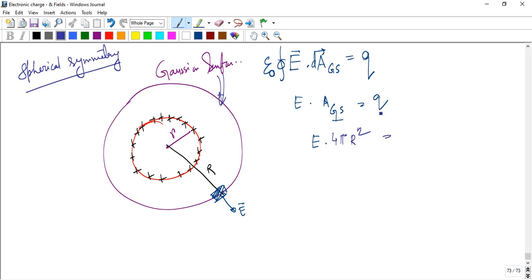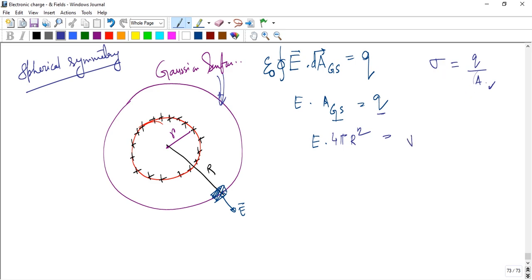And the charge enclosed: the surface charge density sigma equals Q by area, so the charge contained on the surface is sigma A.